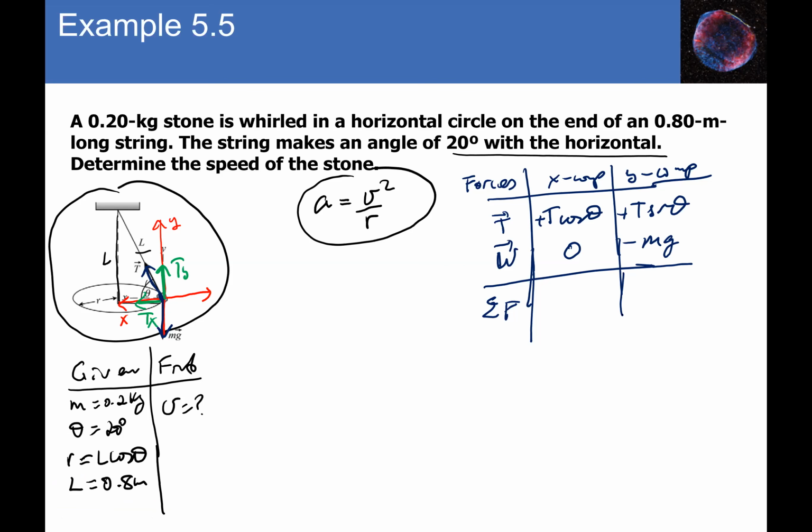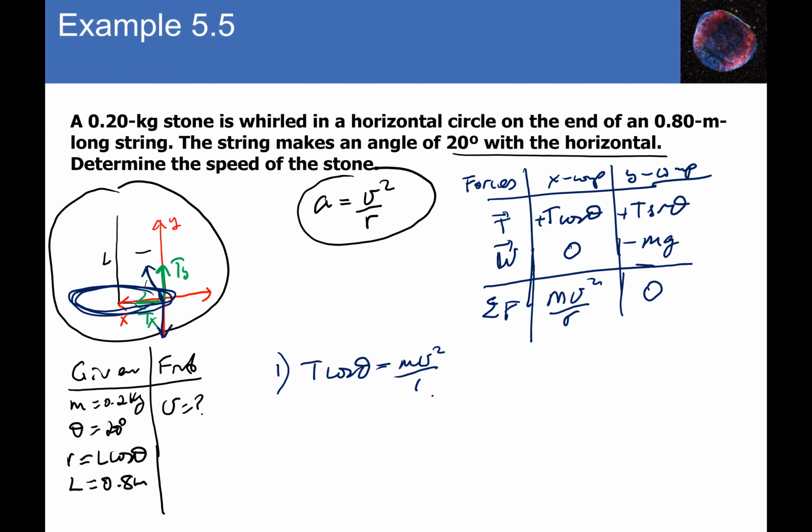The stone goes around in a horizontal circle, so there's no vertical acceleration, but there's a mass times centripetal acceleration in the x direction, so mv squared divided by r. Then I get two equations: T cosine theta equals mv squared divided by r, and equation 2, T sine of theta minus mg equals 0, so T sine of theta equals mg. And that's what I get from here.